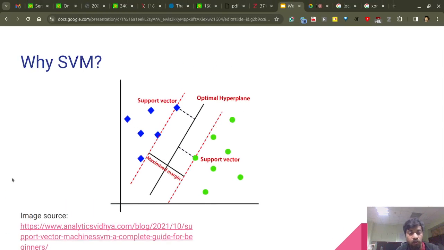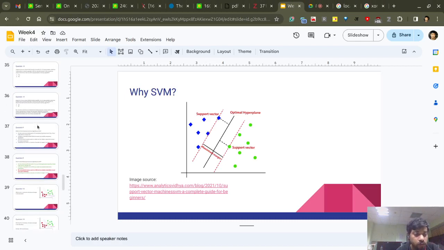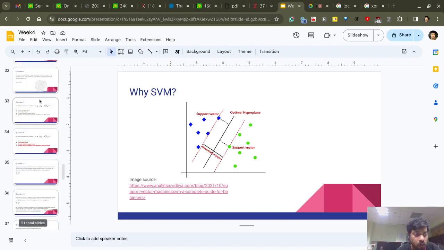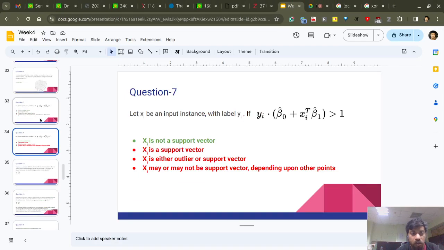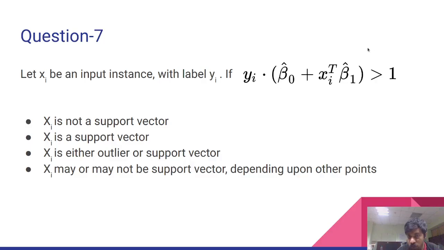So in this equation, how to find the support vectors? yi times (beta 0 plus xi transpose beta 1) equal to 0. If it is equal to 0, then it is a support vector, but if it is not equal to 0, it is greater than 1. If it is greater than 1, that means it is not a support vector, it is outside.